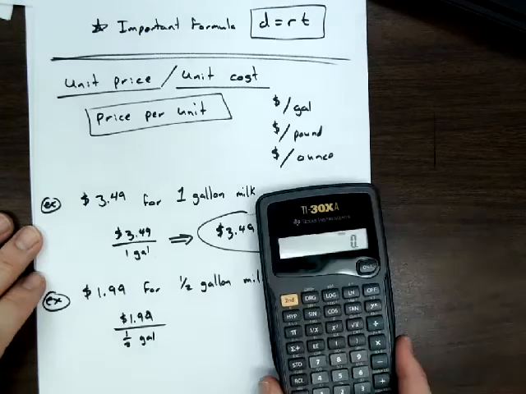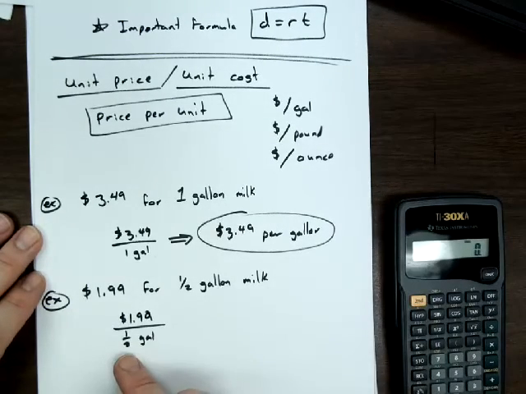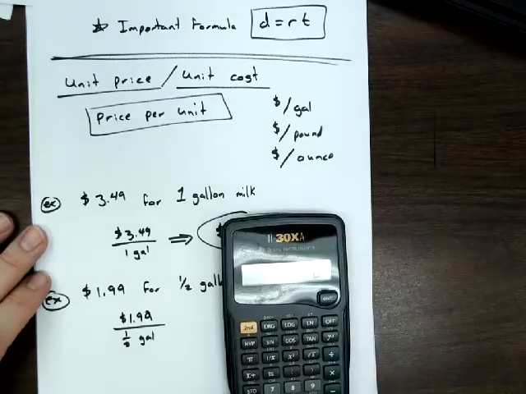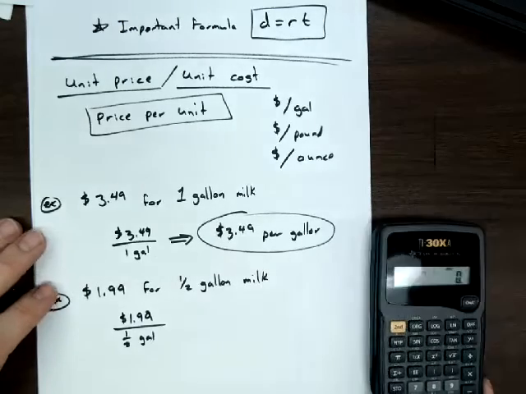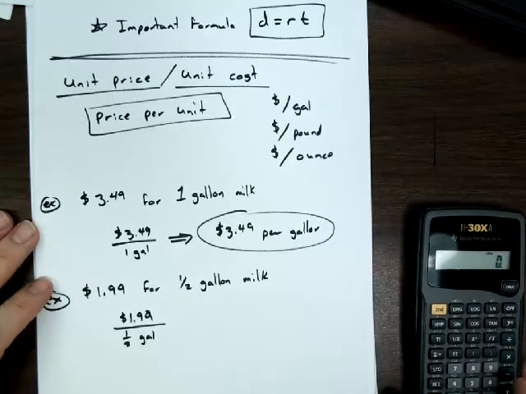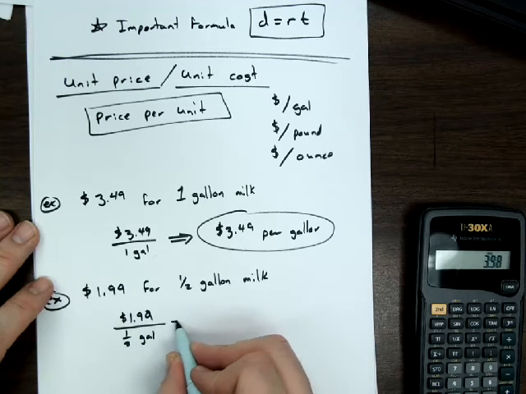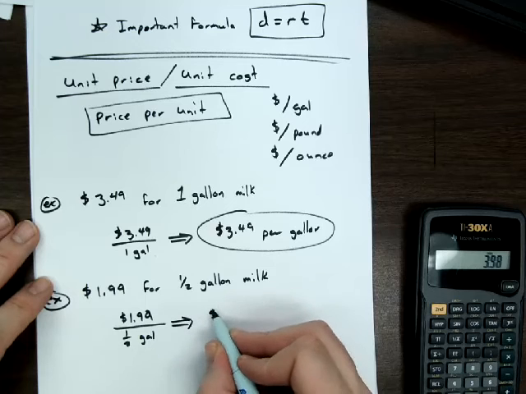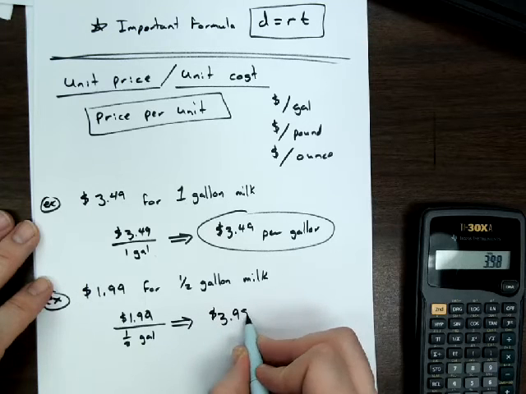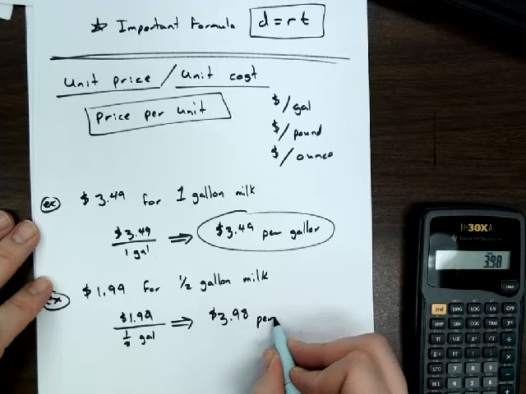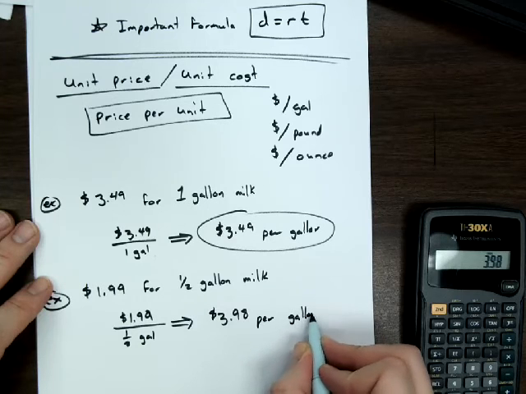It's pretty easy to do a calculation like this. This is going to end up being this $1.99, and I will divide this by that 0.5 gallons. 1/2 is equal to 0.5. I will discover that this happens to be $3.98 per gallon.